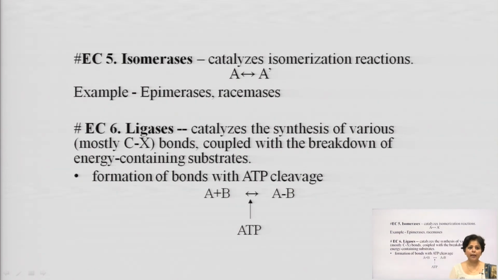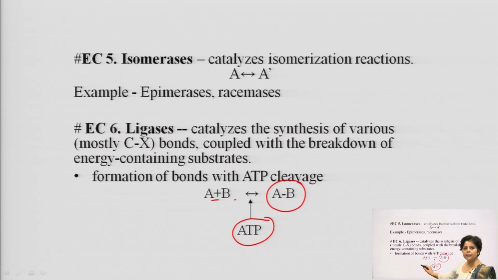EC6, that is ligase, catalyzes the synthesis of various bonds, mostly the C-X bond, coupled with the breakdown of an energy containing substrate. For example, the formation of a bond with ATP cleavage. A plus B, there will be the formation of the AB compound, addition हो रहा है A and B का with the help of energy in the form of ATP.